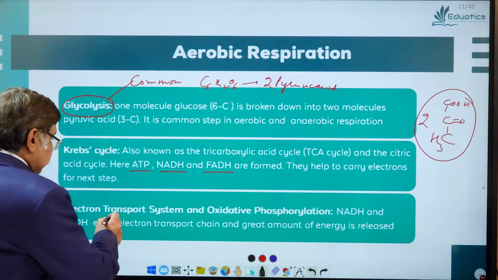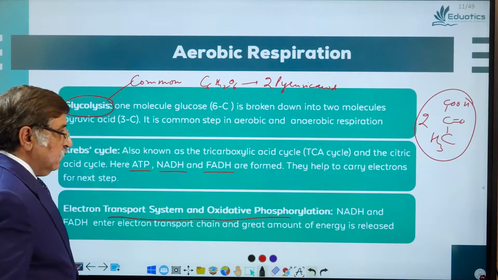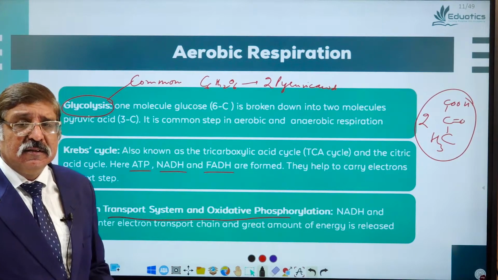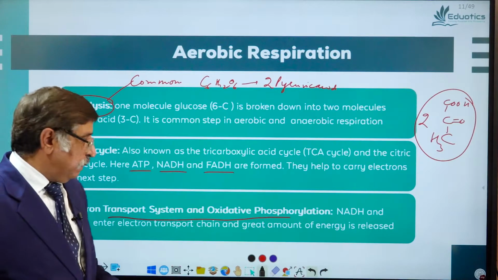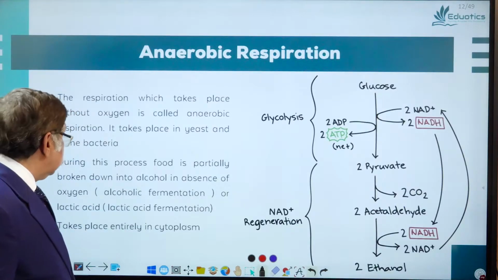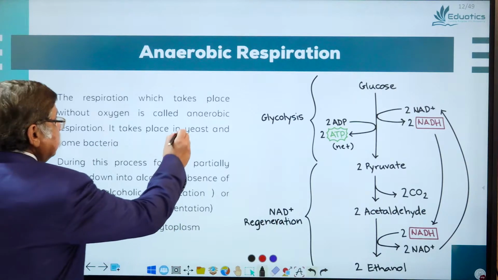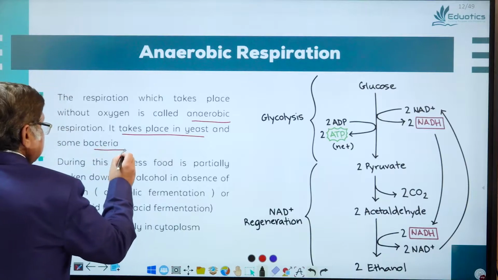So the electron transport system is responsible for oxidative phosphorylation, where the terminal oxidation step requires oxygen, so that NADH and FADH can give us ATP. Respiration that takes place without oxygen is anaerobic. It takes place in yeast and in bacteria.